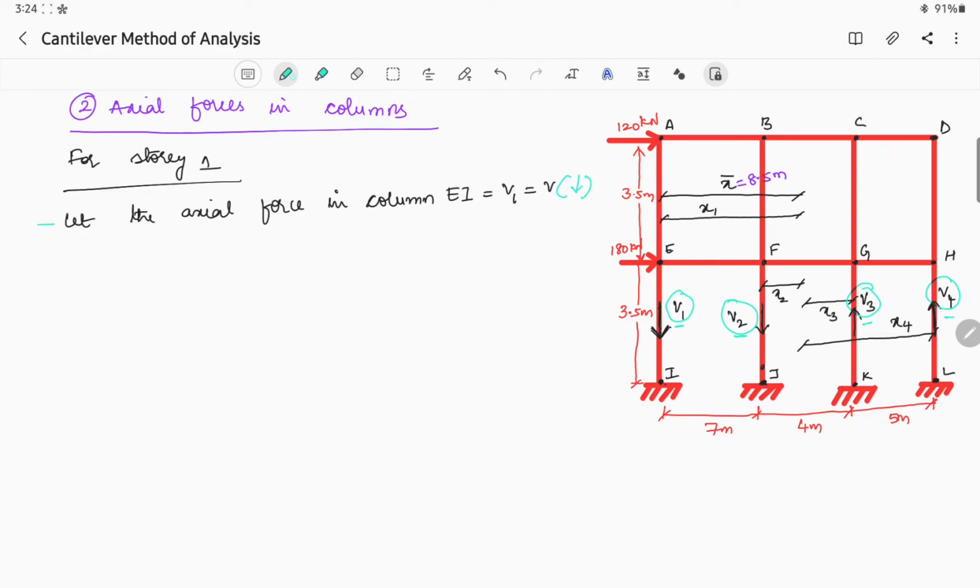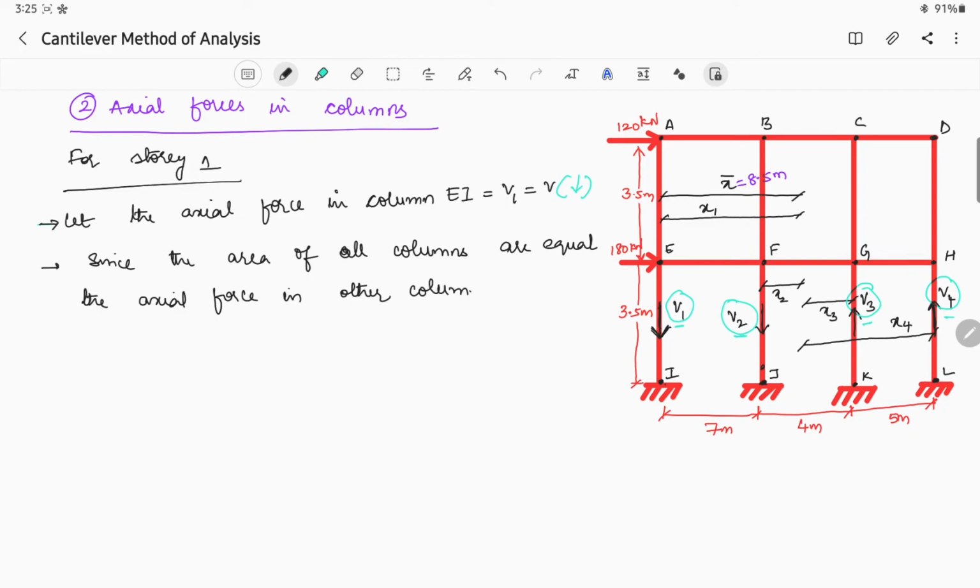I'll write here: since the area of all columns is equal, the axial force in other columns will be proportional to their distance from the centroidal axis.